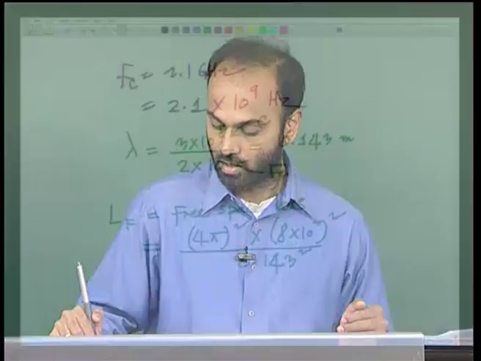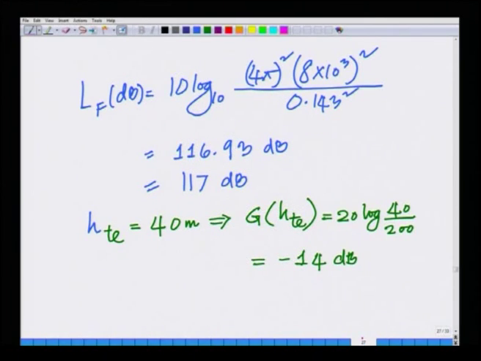And as part of it, we had looked at the free space loss. We said the free space loss is 117 dB, the transmit antenna height gain factor because of its height of 40 meters is minus 14 dB, and let us start from this point and continue with this lecture.